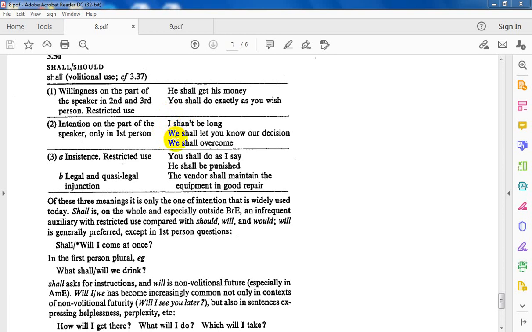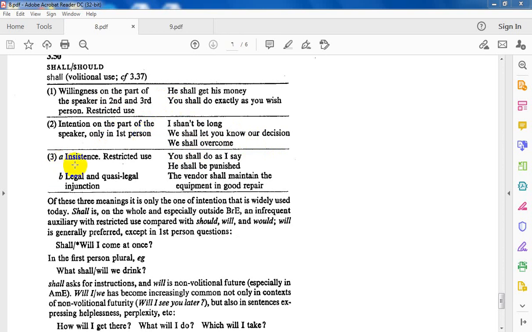We shall let you know our decision. It is we, the plural form of the first person. It means I don't intend to be lying. The second, I intend to let you know our decision, or we intend to let you know our decision. We intend to overcome. So willingness is for the third and second person, intention for the first.